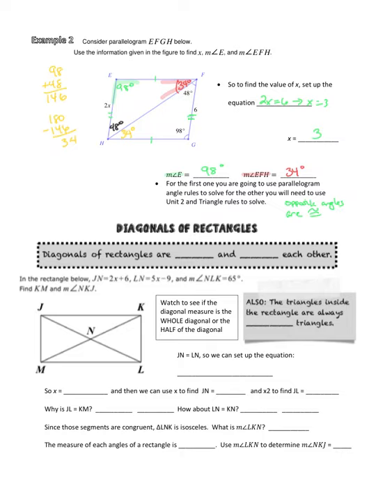Now, diagonals of rectangles have an additional property. We know they are congruent and they bisect each other because a rectangle is a parallelogram.